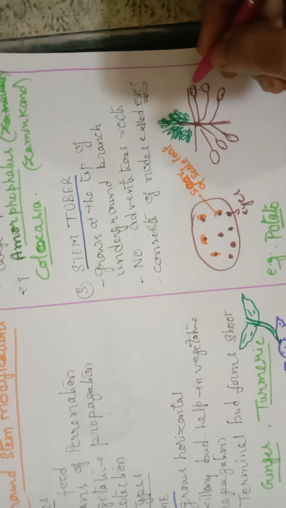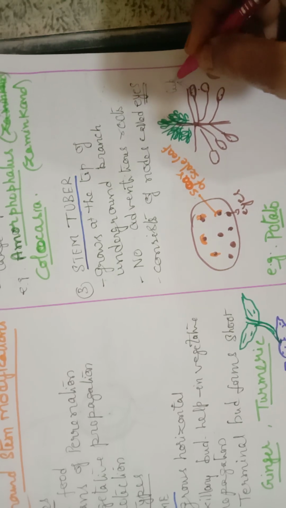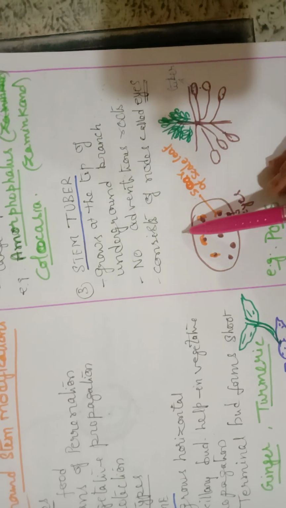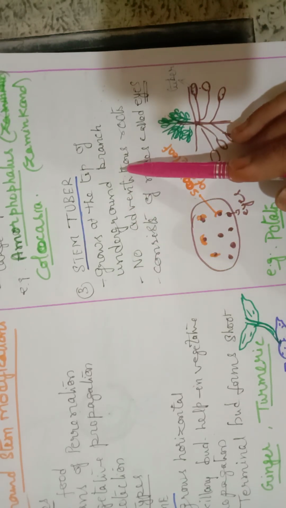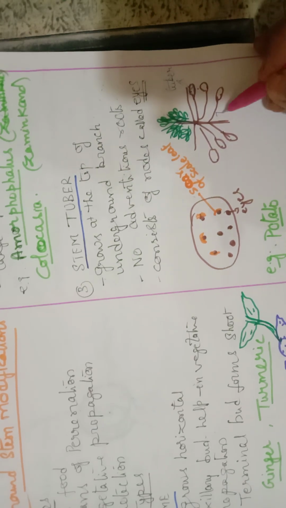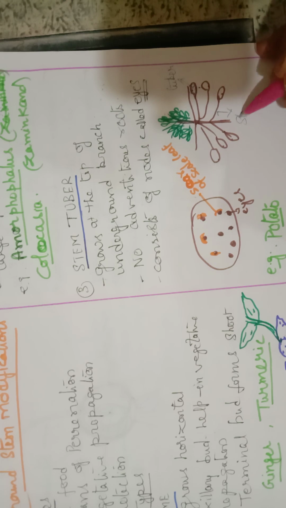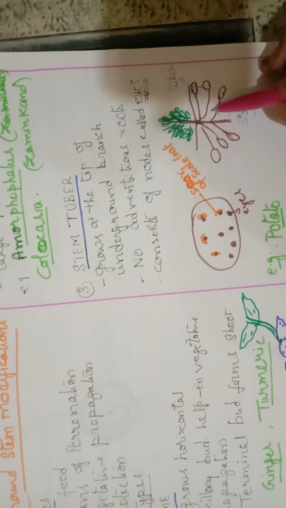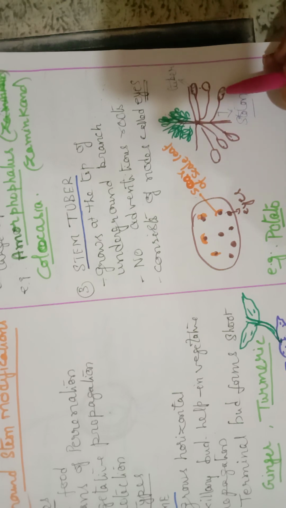So this tip, which is storing food material, will form the tuber. This underground branch can also be called a stolon, because it is growing horizontally and it is coming out from a main stem.